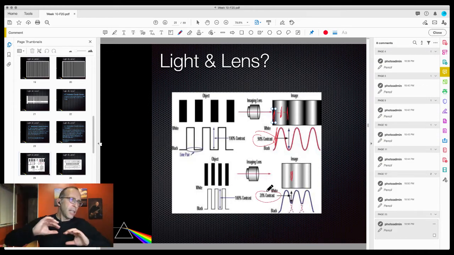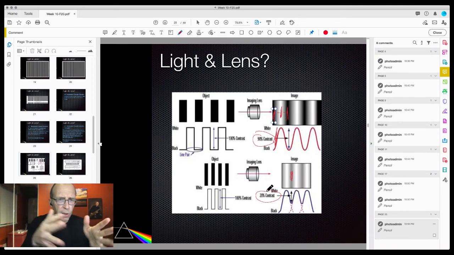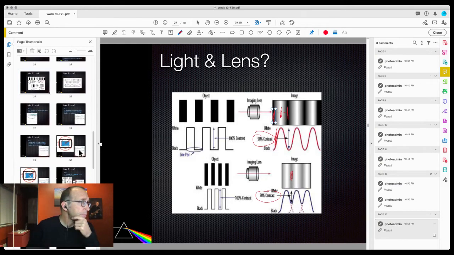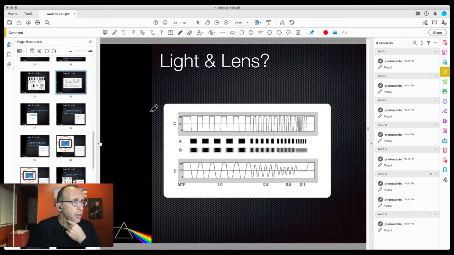Some of this is beyond the scope of this course, but I just wanted you to get a sense that there's something we can measure with line pairs, and we can start to see this change in contrast, and now we have something to measure. And here's just another diagram.